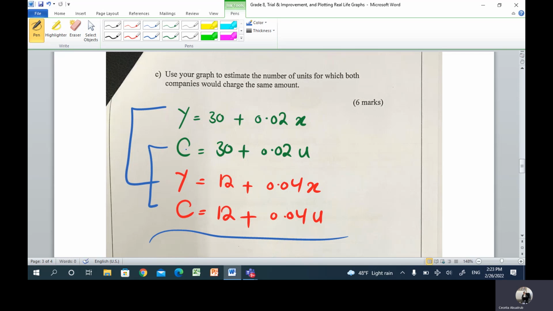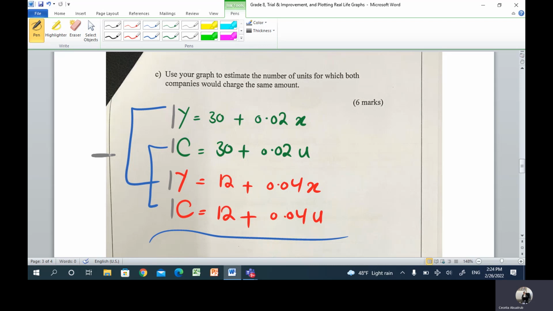If I want to solve these two equations simultaneously, it would be easy for me to get rid of the C. Why the C or the Y here, which is the exact same as C? Because the coefficient of Y is 1, and the coefficient of C is 1.